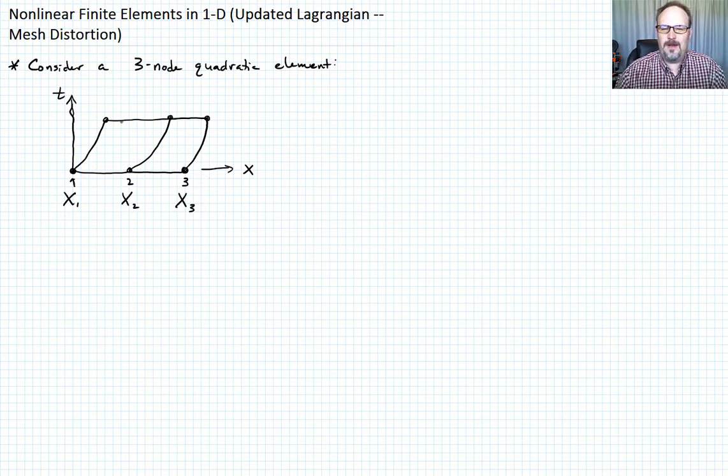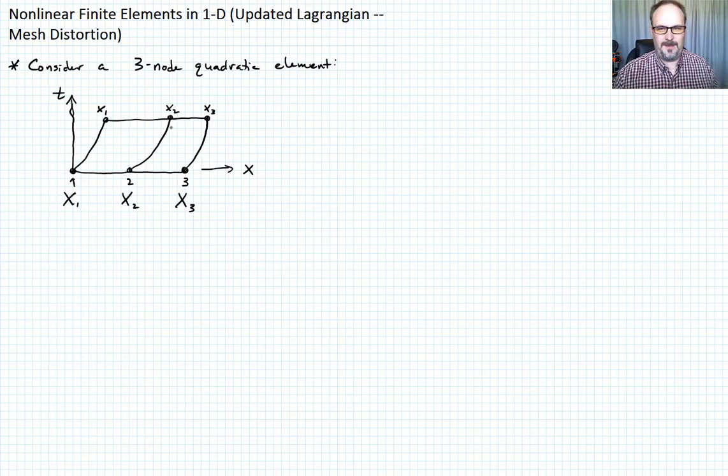And I know throughout the lectures thus far we've been using c as our current coordinate. I'm going to use little x here now because I'm not going to use big X through the rest of this derivation, and because I need to use c to describe my natural coordinates for Gauss quadrature. So remember, this is little x1, little x2, little x3, which in previous lectures we'd have written as c1, c2, and c3.